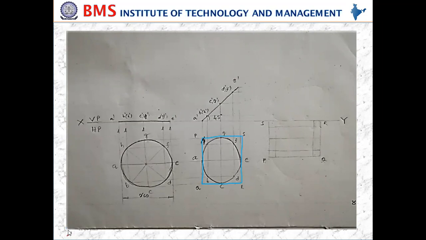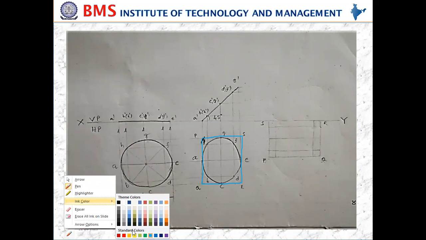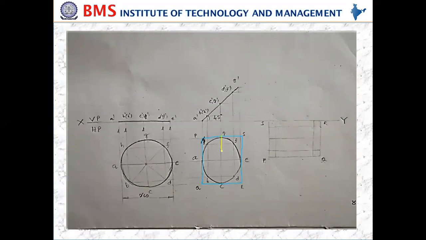When you want to draw this PQRS, CG should be drawn parallel to this. It means that when I'm rotating this, R will come on the top, because this is rotated in such a way that CG comes parallel to this.